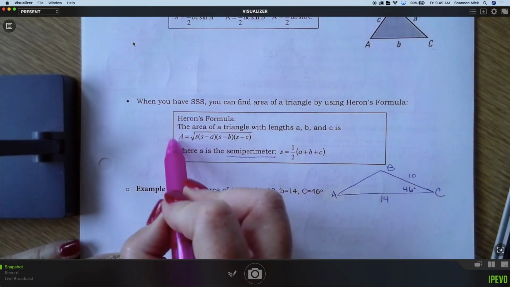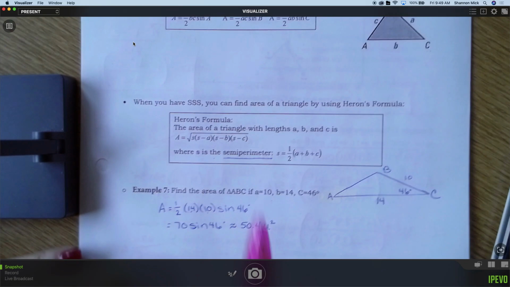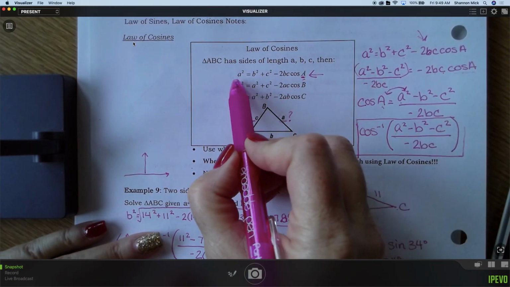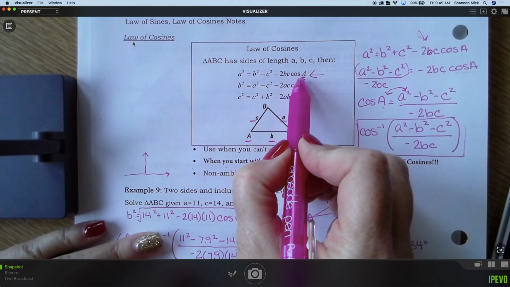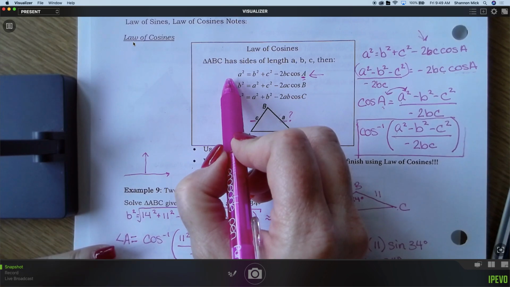So do I have to know how to get S? Yes, I'm not going to give you this part. I will give you the law of cosines, only this one. So do you have to be able to adapt it all? Yes. I will not give you the law of sines.